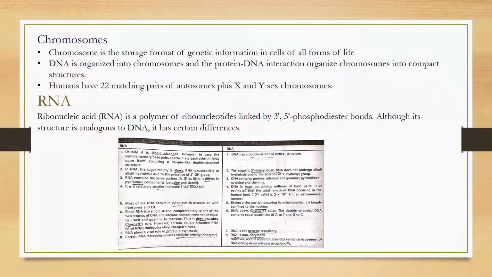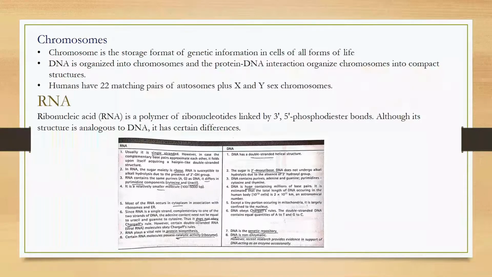RNA is usually single stranded. However, if complementary base pairs approximate each other, it folds upon itself, acquiring a hairpin-like double stranded structure. But DNA has a double stranded helical structure.